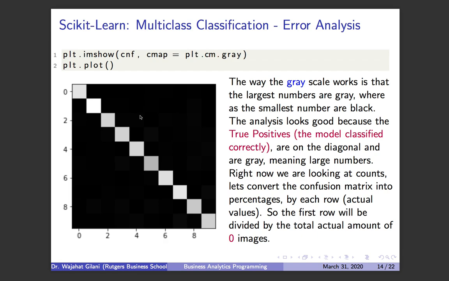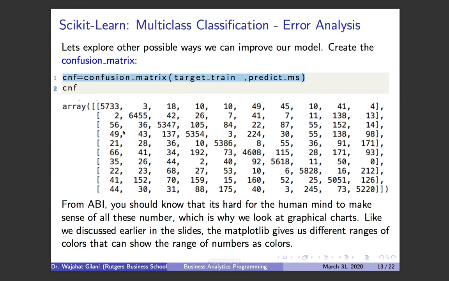I'm going to take CNF and graph it with a certain color mapping. In this case, I'll take gray, and I'm going to plot it. And when you plot it, your confusion matrix here, 0, 1, 2, 3, 4, 5, 6, 7, 8, 9 going across.